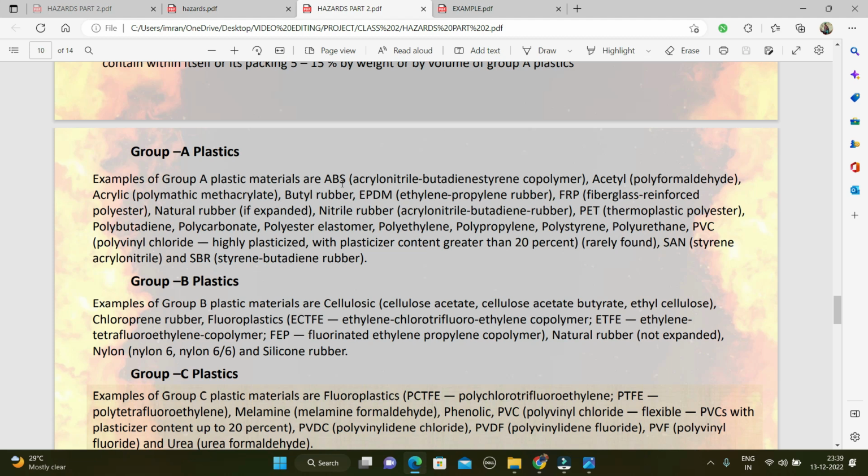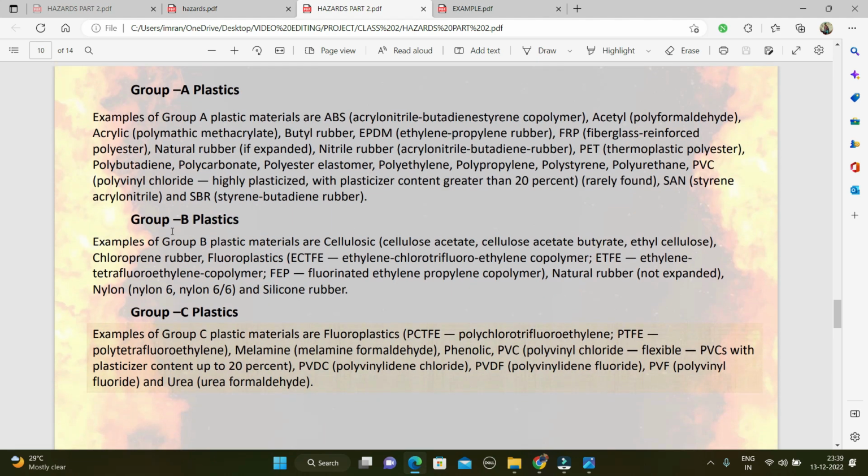For example, group A plastic materials are like ABS, acetyl, butyl rubber, or FRP, fiberglass reinforced, natural rubber. So all this type of material will be considered as group A plastic.